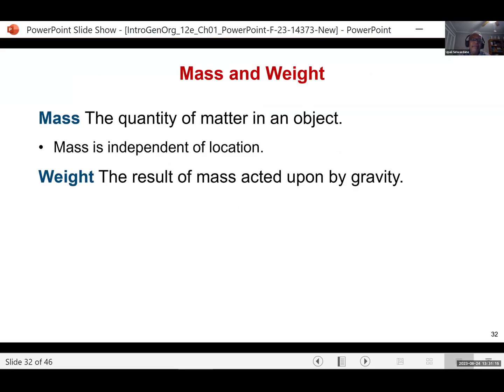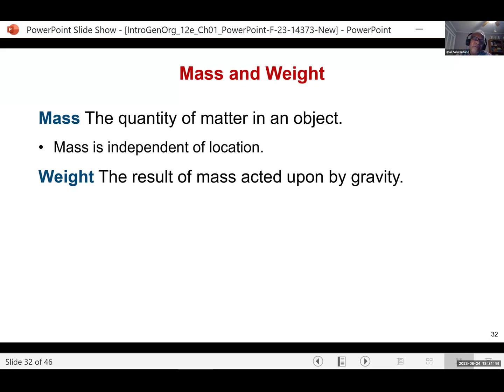Mass is the amount of matter. And weight is also another name we use for the amount of matter. Mass is independent of location. Weight depends on the gravity of the location.